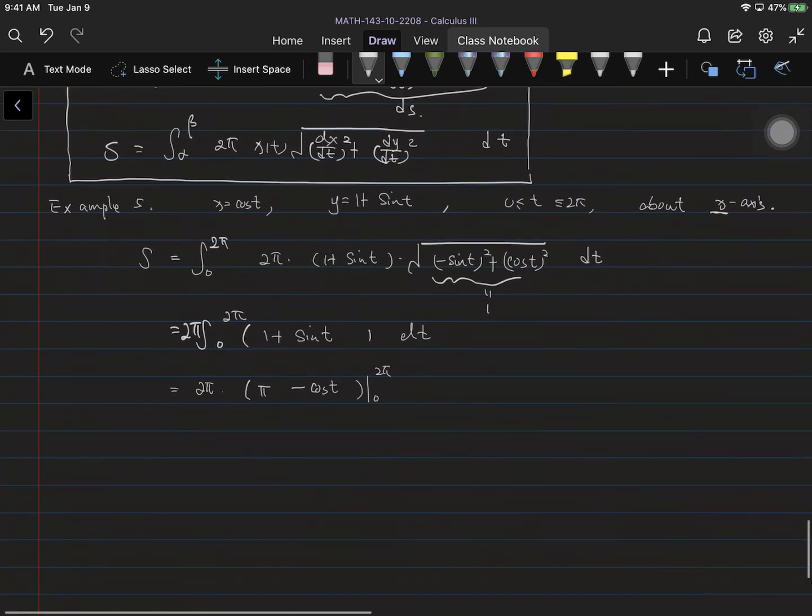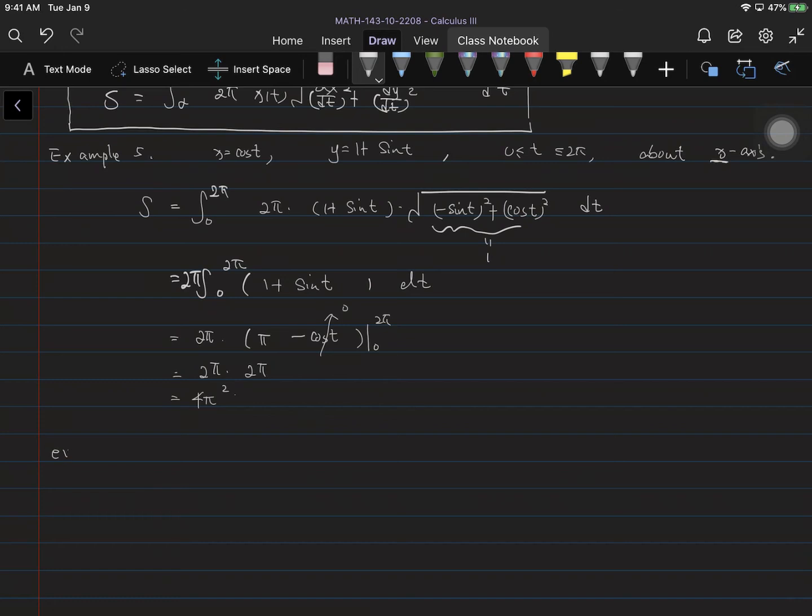Cosine 2 pi and cosine 0 are both 1, so when they subtract each other it's just 0, you can ignore that term. So 2 pi times 2 pi, final answer should be 4 pi squared.